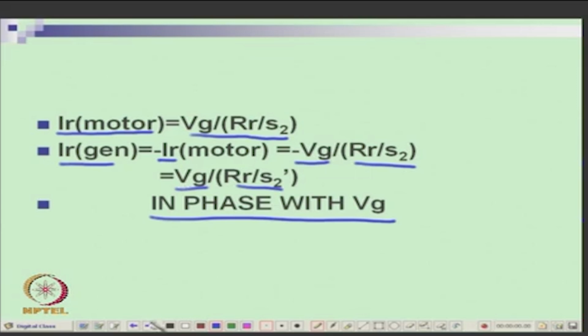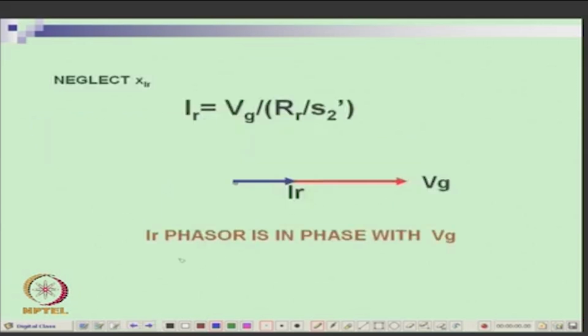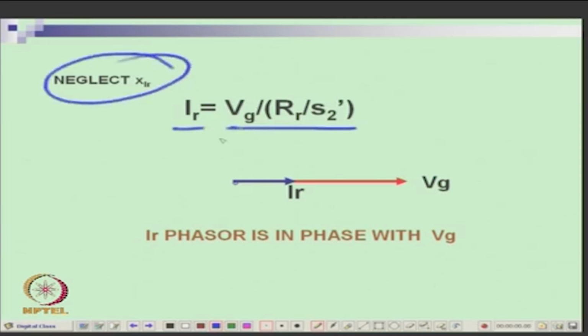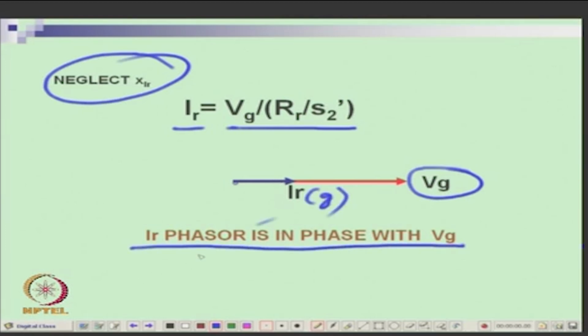Neglecting leakage again, IR will be Vg by RR by S2 dash. Vg is the reference voltage in the air gap and that is now in phase, because this is the generator convention. IR phasor is in phase with Vg. Is it okay? Whatever was there in the motor I have made just opposite to that, and no change in direction of Vg.